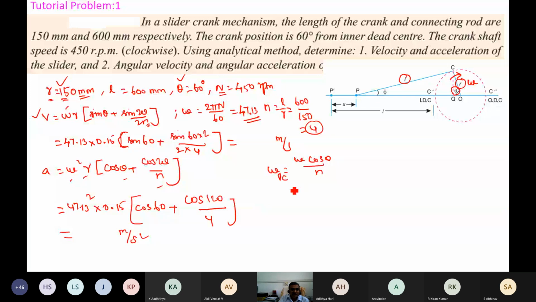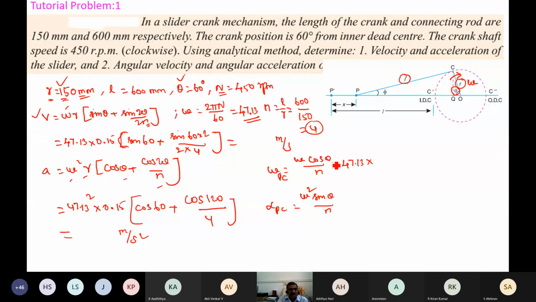Alpha PC is equal to omega squared into sin theta by n. You substitute here. What is omega?